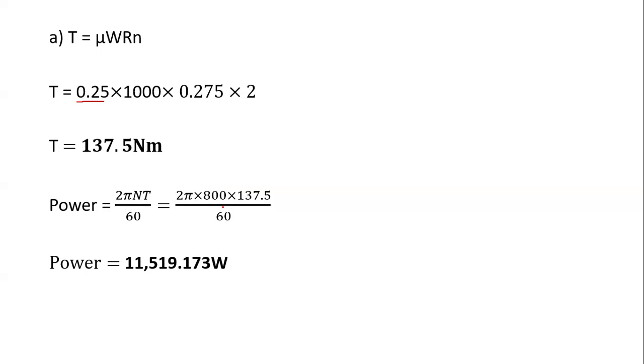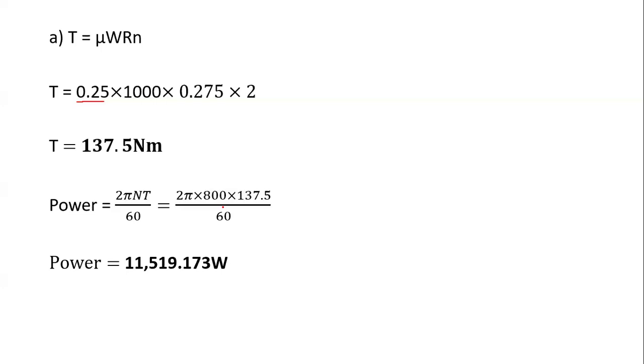So assuming uniform wear, an old, worn out clutch, these are the parameters we found: the torque is 137.5, and the power that it is going to transmit is 11,519.173.